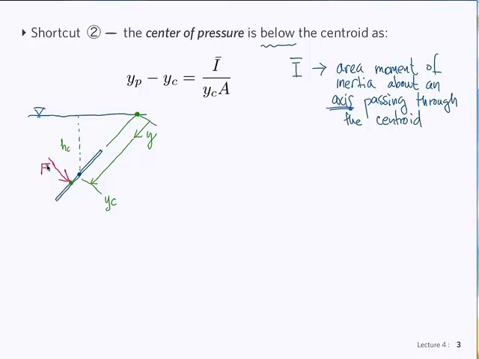So there's F, and somewhere below here we have YP. I call it P for center of pressure. And this difference, YP minus YC, how much below the center of pressure is, is given by the area moment of inertia around an axis passing through the centroid divided by YC and the area.